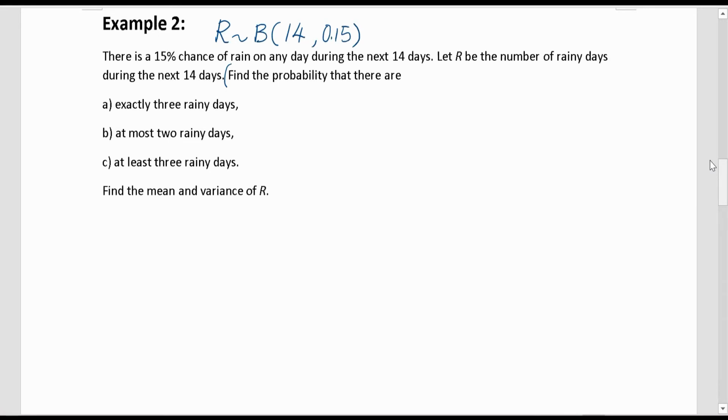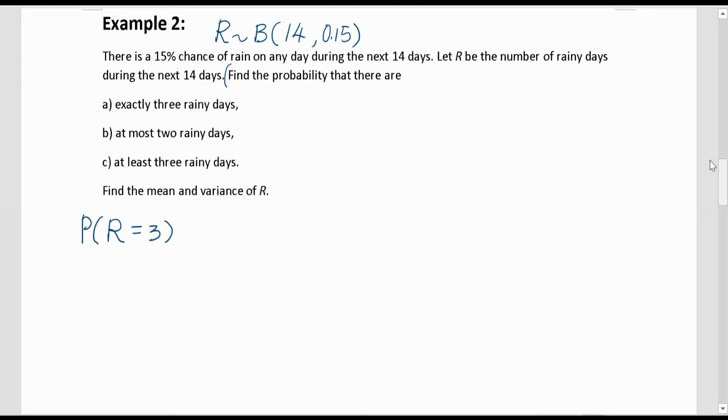So what we need to do is to find out the probability of R, capital R, which is the number of rainy days during the next 14 days, right? And it has exactly 3, which means out of 14 days, what is the probability that there are exactly 3 rainy days?